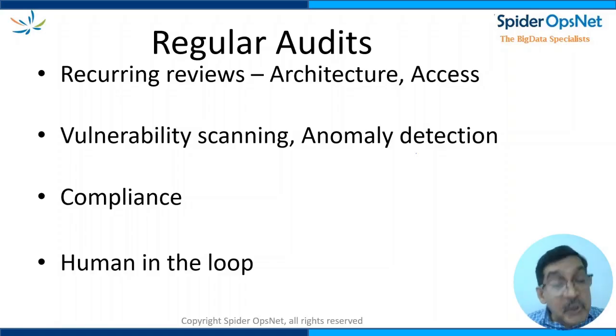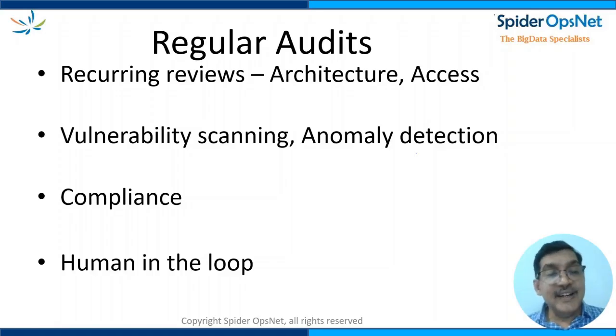You may implement some tools for vulnerability scanning and anomaly detection, but make sure those reports are regularly checked and actions undertaken to remedy any vulnerabilities. Also, check for compliance regularly with GDPR, HIPAA, and such government regulations.